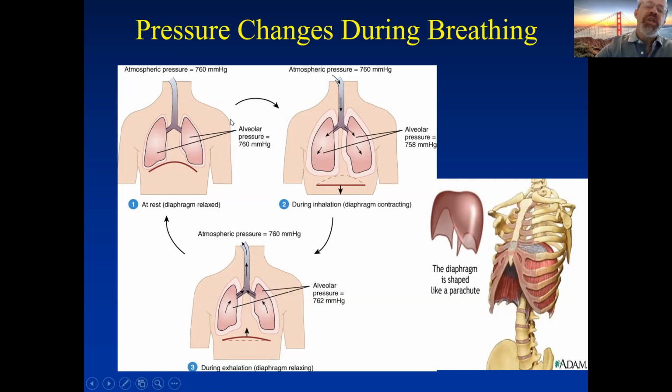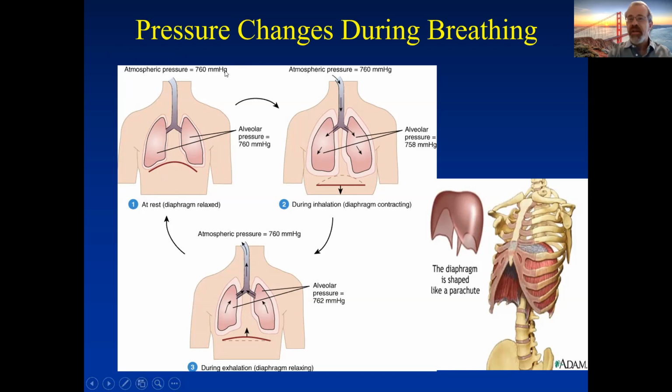So for oxygen to come into the body during breathing, there has to be a pressure change that allows it to occur. First, let's take a look at when we're in between breaths, at rest. We're going to look at 2 distinct regions of pressure. First, the outside pressure, or the atmospheric pressure, which is roughly 760 millimeters of mercury.